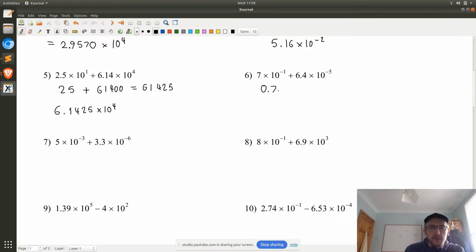This is 0.7, and this is 0.0000064. So put them together, and what do you get? 7.00064 times what exactly? Times 10 to the minus 1.